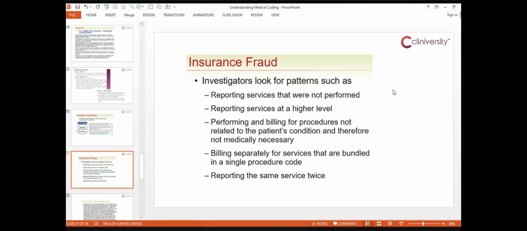Now, you must be aware that insurance companies sometimes pay huge amounts for patients' treatment, and there are many frauds in that, right? So to prevent or avoid such frauds, what things should be taken care of, and what kind of patterns usually occur in these frauds, we will look at here. Investigators look for patterns.